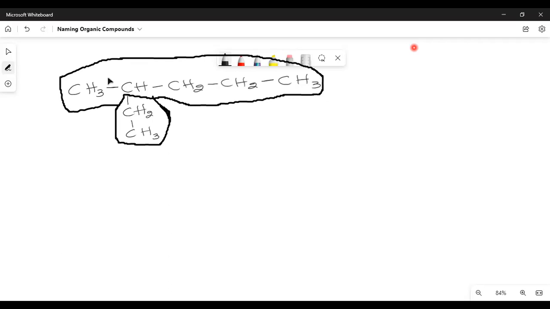Well, what you can do is go for a longer parent chain, and this can be your straight longest parent chain like this, and then this can become the branch. Why are we doing it? Because now my parent chain has 6 carbon atoms and my branch has 1.